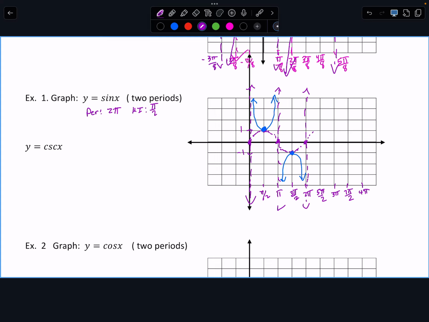And so the sine would continue to go up to 1, down to 0, to negative 1 to 0. And where it's 0, we have vertical asymptotes. And where it's 1, they meet. And there's the graph of cosecant for 2 periods.